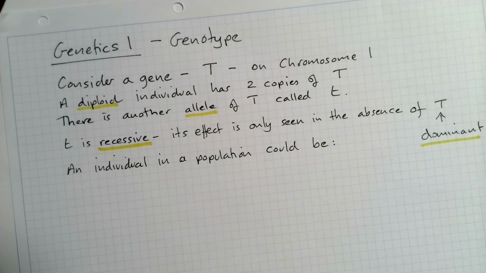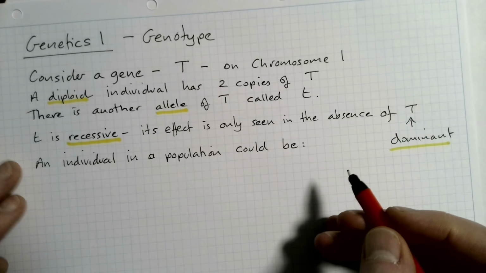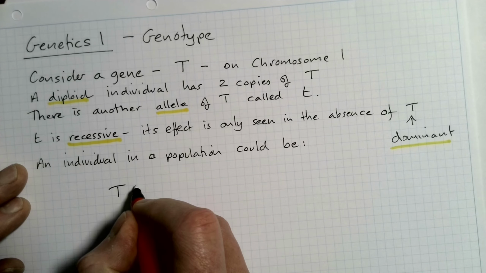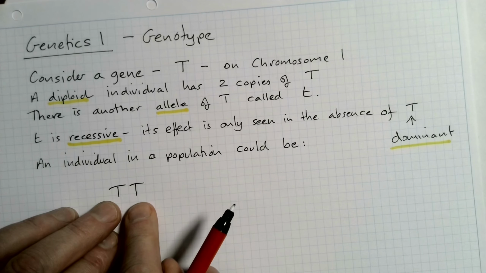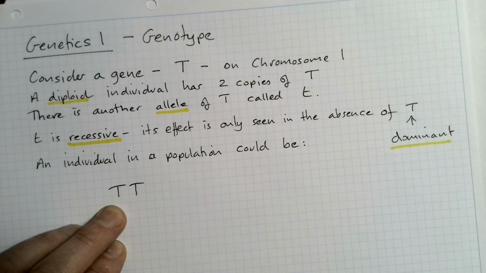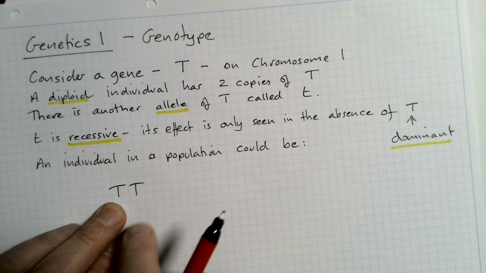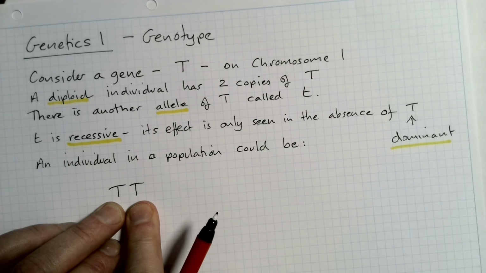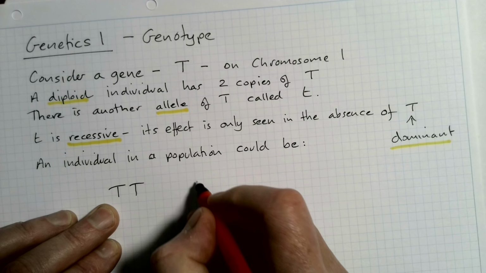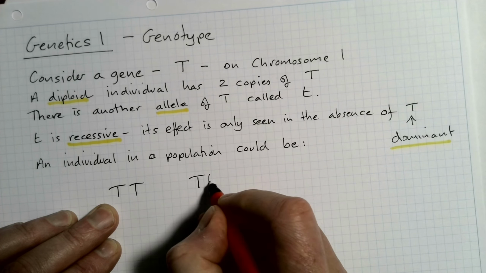So an individual in the population could be one of 3 possibilities. It could be big T, big T. Remember, 2 copies of chromosome 1. It's got a copy of the gene on each chromosome. In this case, the first copy of chromosome 1 has a big T, and the second copy of chromosome 1 has the identical big T. It could also be big T, little t.